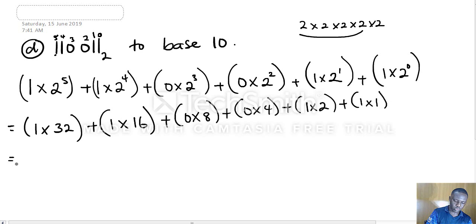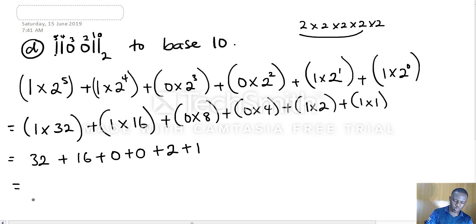Then you multiply out: this becomes 32 plus 16 plus 0 times 8 is 0, plus 0 times 4 is 0, plus 1 times 2 is 2, plus 1 times 1 is 1.